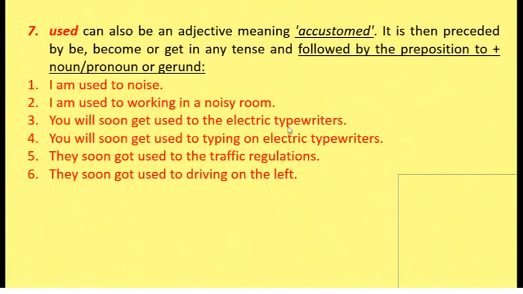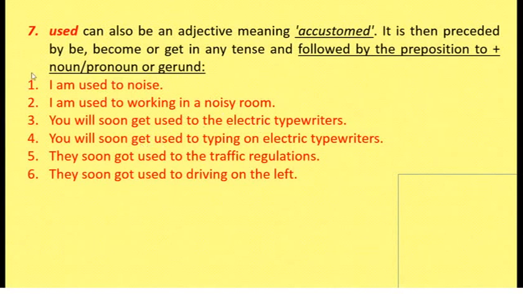My dear students, in this slide, the word used has been used in a different way. Let's read the rule. Used can also be an adjective meaning accustomed. It is then preceded by be, become, or get in any tense and followed by the preposition to plus noun, pronoun, or gerund.